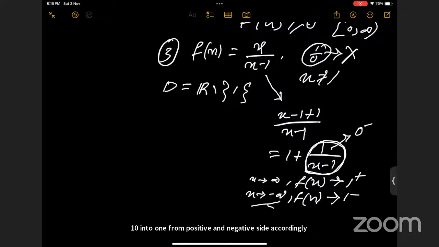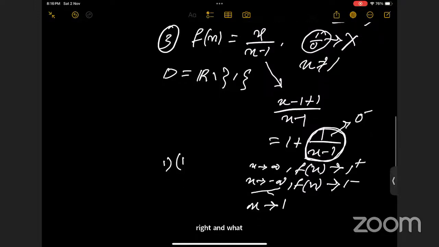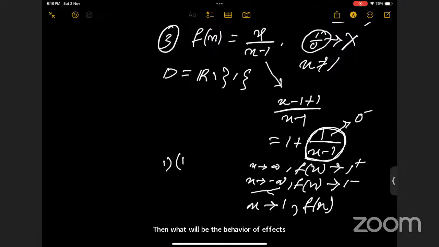Okay, that means we have this as our range, 1. And what if x tends to 1? What will be the behavior of f(x)? No, we are not putting 1 directly.